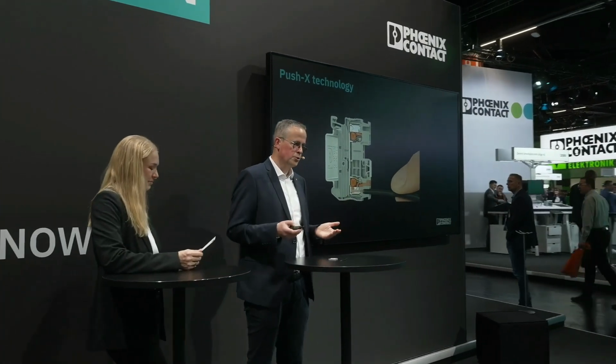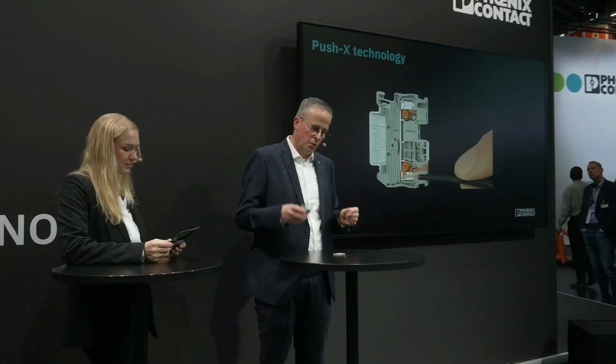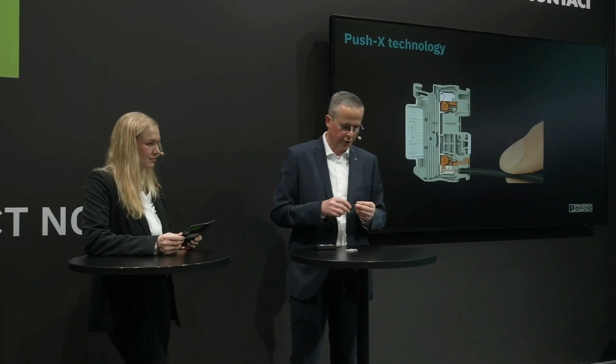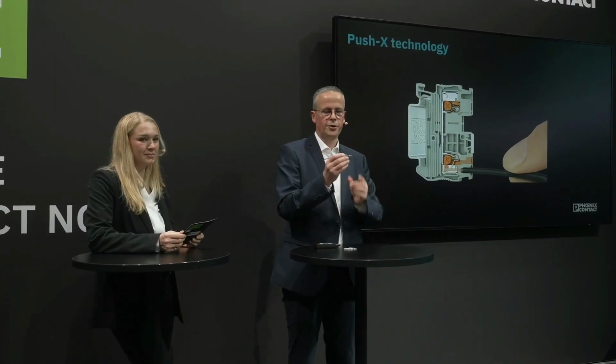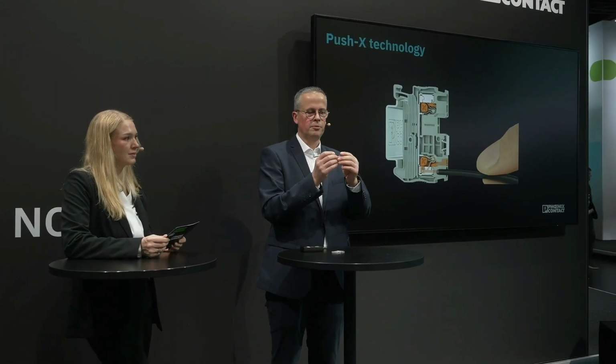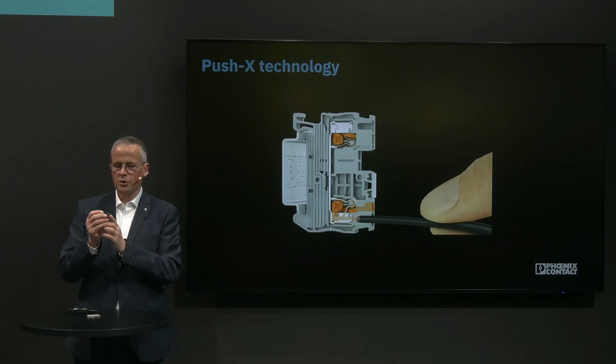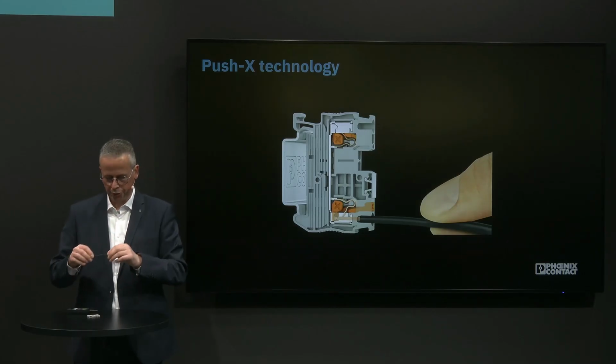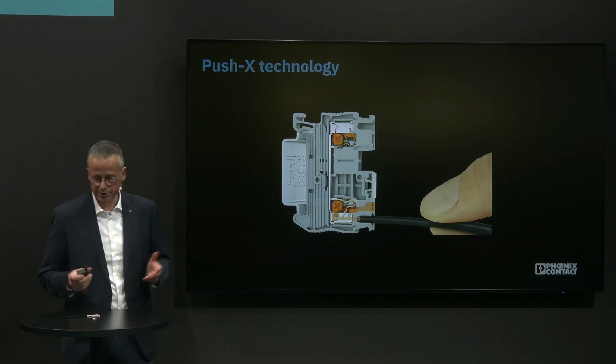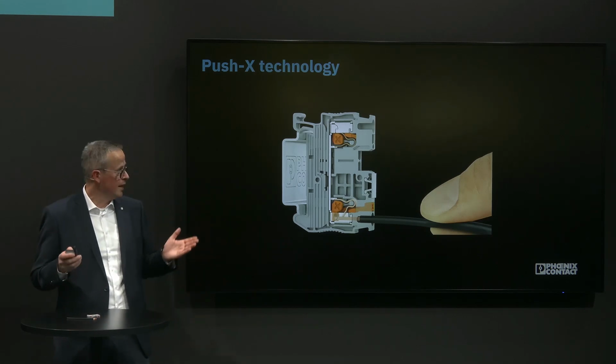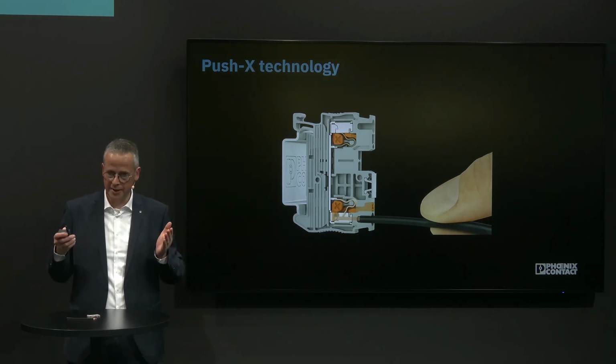If you use a ferrule, then on the one side you avoid the spreading of single strands. I have a conductor here, and if you can imagine, without a ferrule these single strands can spread. And this is something customers want to avoid. And on the other side, you have a defined process.